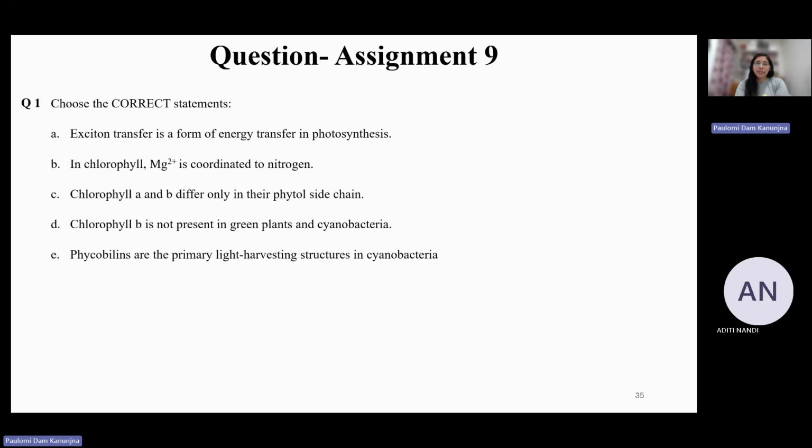Now, which one of these statements, which is related to photosynthesis, is correct? These statements are actually quite easy. So you just need to find out the correct ones.